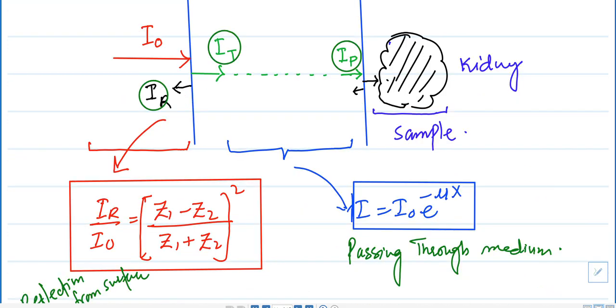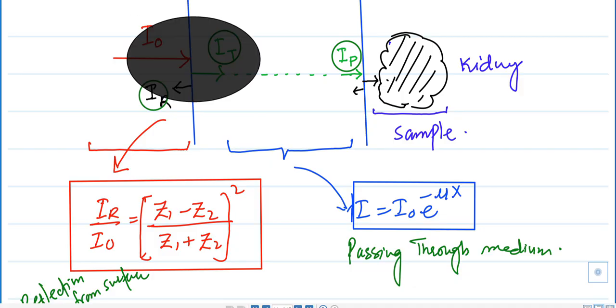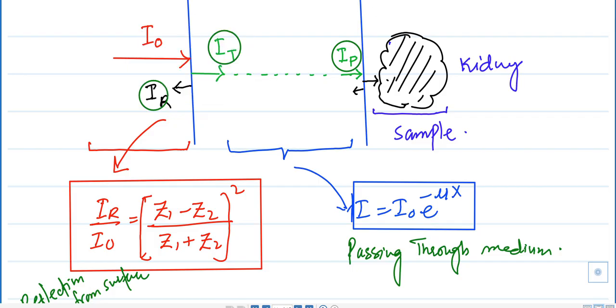Finally, I told you that the intensity I naught is incident here, some of that is transmitted, some of that is reflected. At this boundary you are supposed to use the reflection coefficient.